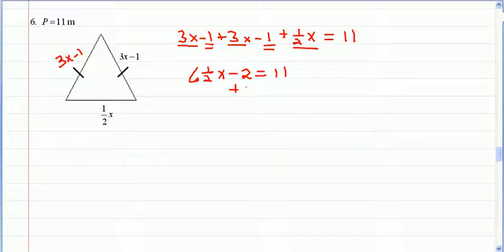And to solve for x, I start by adding 2 to both sides. So that's 6.5x is equal to 13.